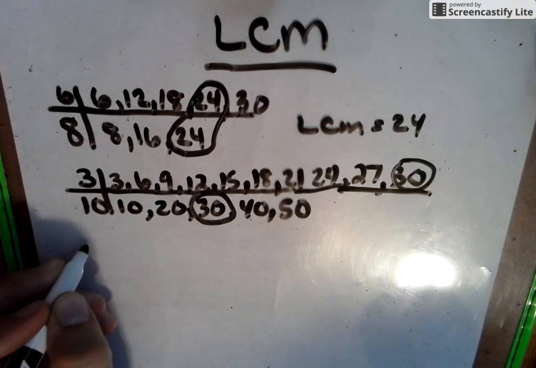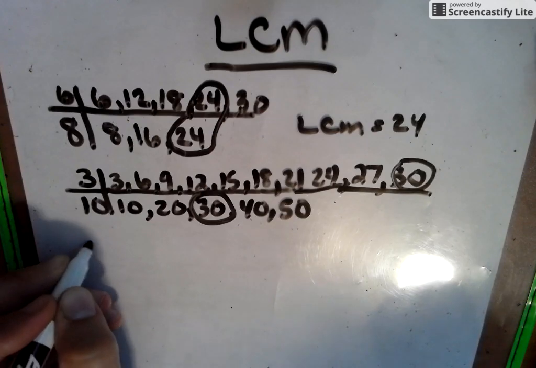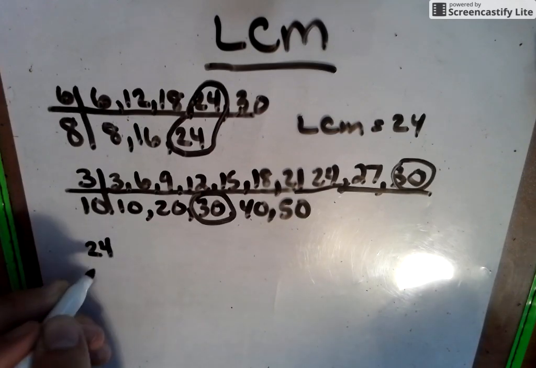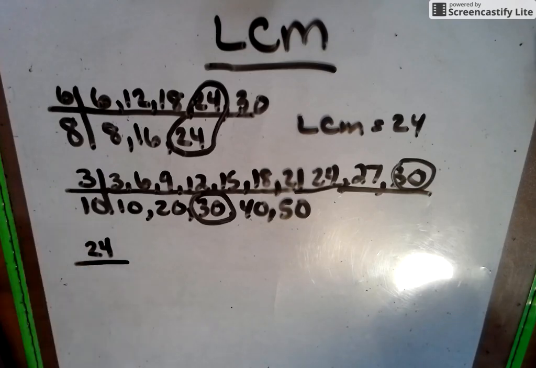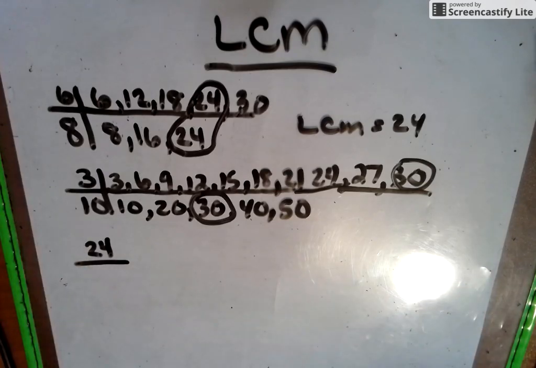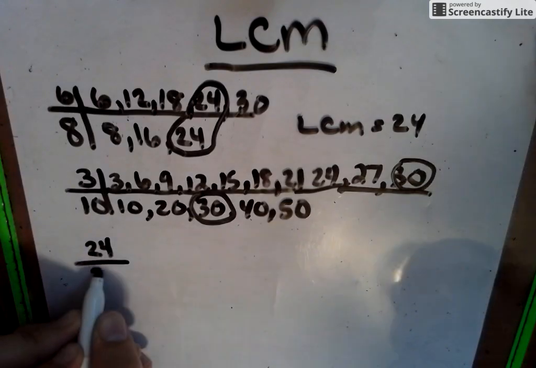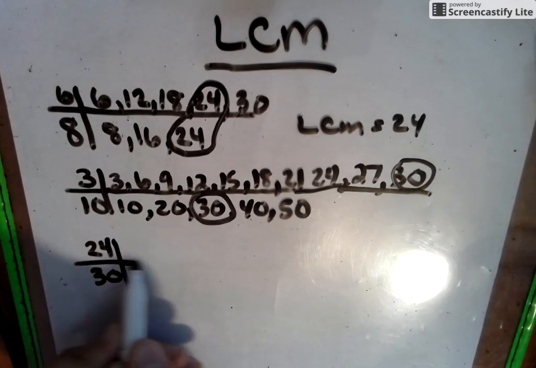Now, sometimes they're bigger than this. Sometimes they seem a little unfair. Maybe it's like 24 and, let's say, 30.